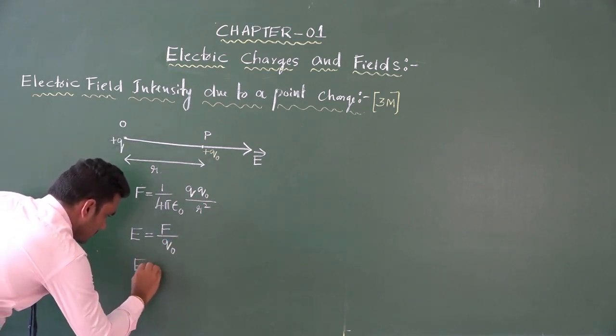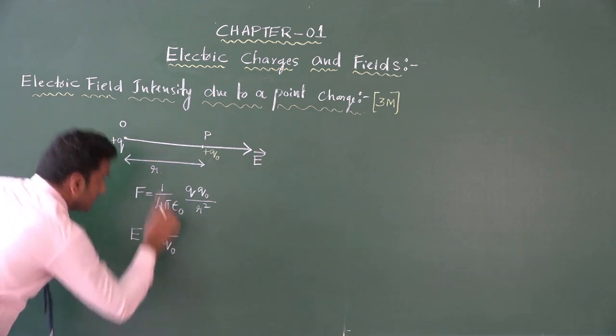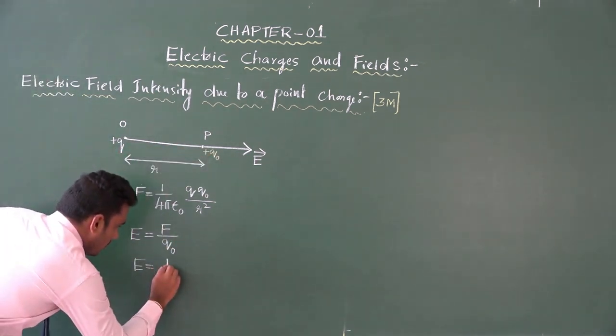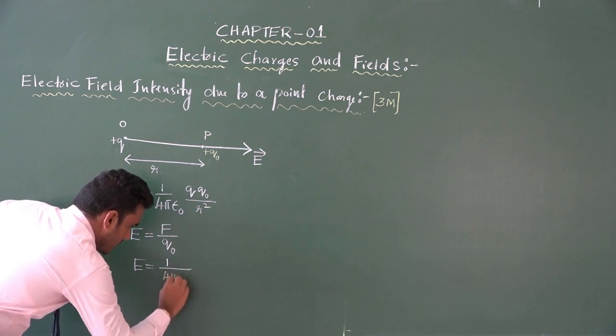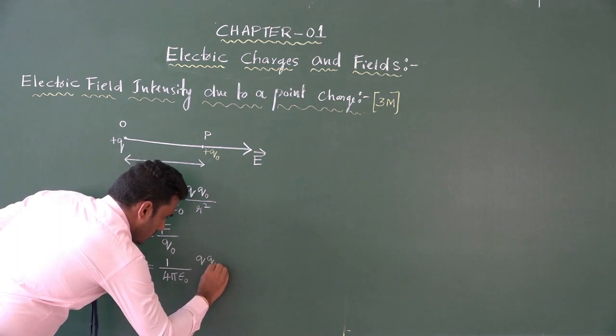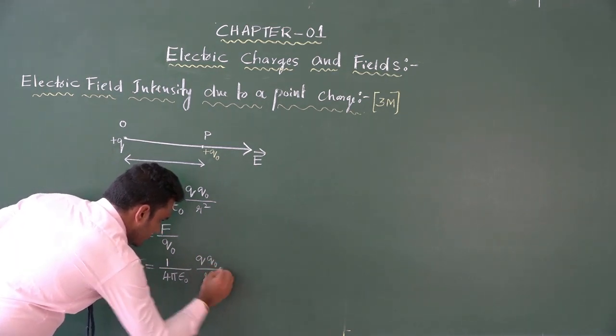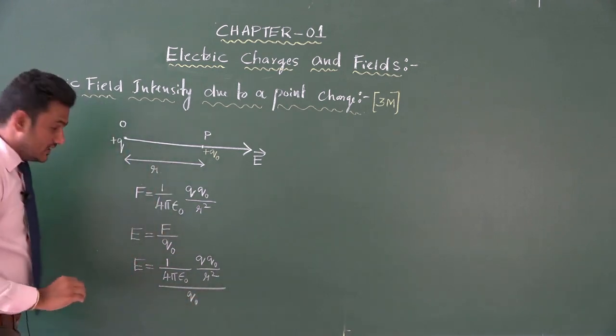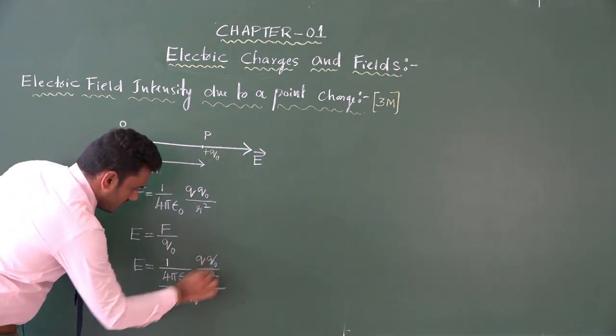Then E is equal to, what is the F we got? The force between the point charge and the unit positive charge, 1 over 4 pi epsilon naught, Q Q naught divided by R square, divided by Q naught. So here we can cancel Q naught.